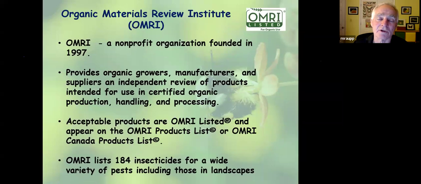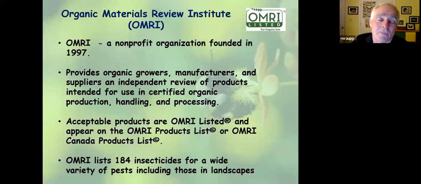If you're going to go the chemical route, this is what I want you to do. I want you to use materials that have been listed by the Organic Materials Review Institute. When you buy your broccoli from Whole Foods and it says it's organic, that doesn't mean it hasn't been treated with an insecticide.